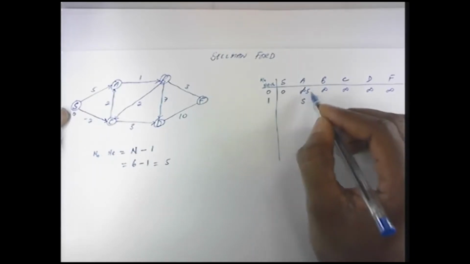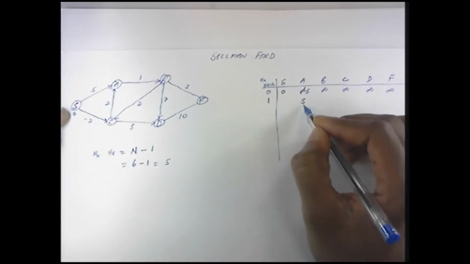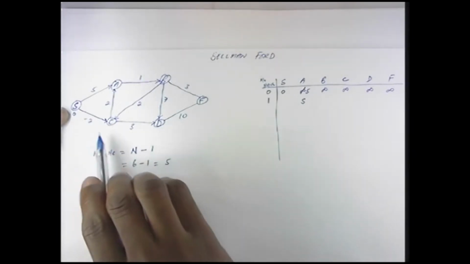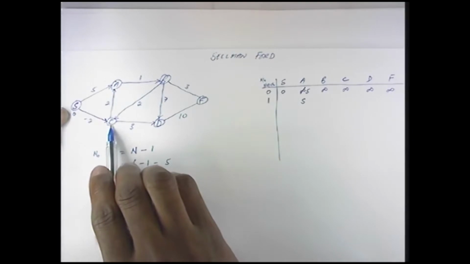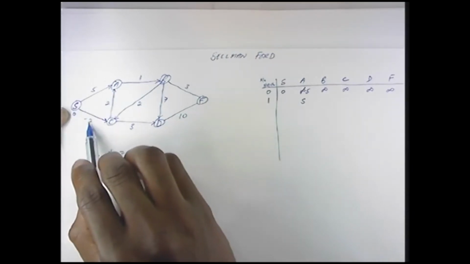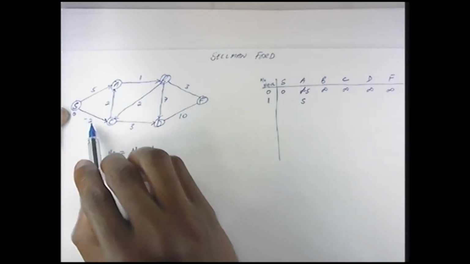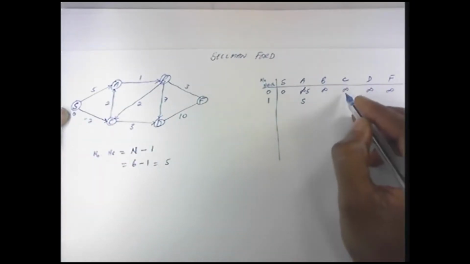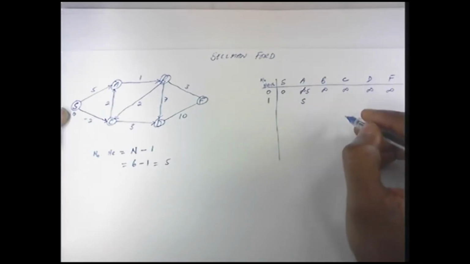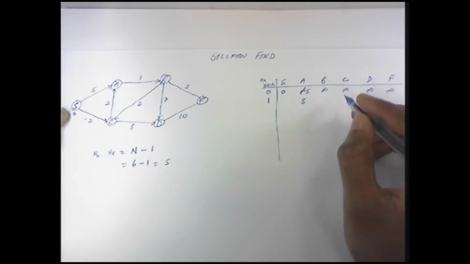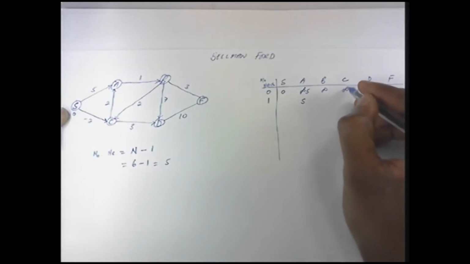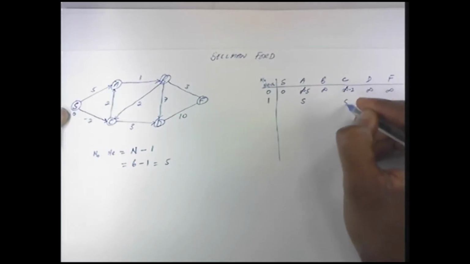So I cancel the infinity and put the 5 there. Its predecessor is S. At the same time, I can update C. Now C has -2. -2 plus 0 is -2. Now -2 compared to infinity is smaller, because -2 is smaller than positive infinity. So I cancel this and put -2, and that is also coming from S.